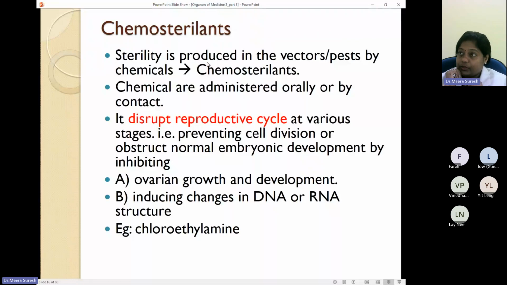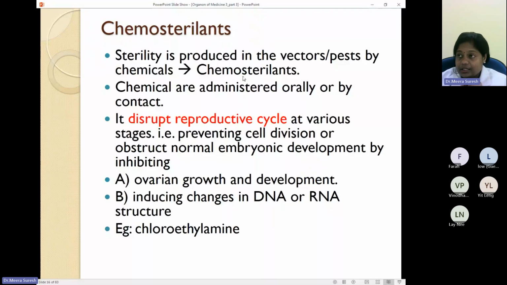When this is used, normal cell division can be prevented, so the zygote's development into a normal insect will be affected. Or it can inhibit ovarian growth and development. Changes will be induced in the structure of DNA and RNA, and that is going to disrupt the normal reproductive cycle.